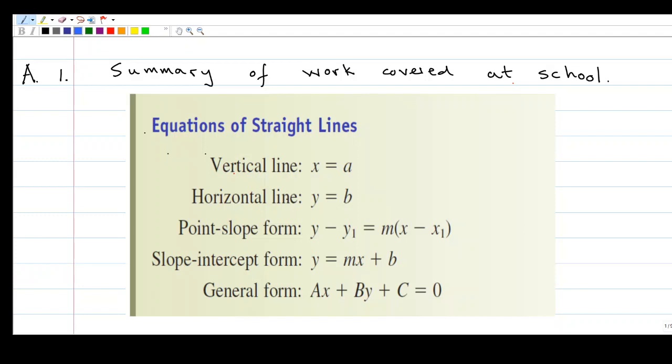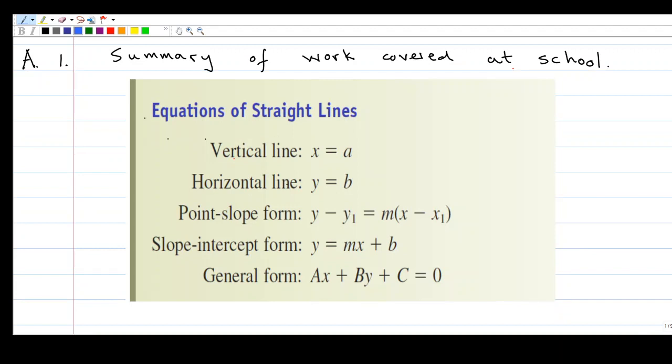The slope intercept form, y is equal to mx plus b. So for all of these, the letters were lowercase letters. For the general form, capital A x plus capital B y plus capital C is equal to 0, where the capitals A, B, and C are constants.